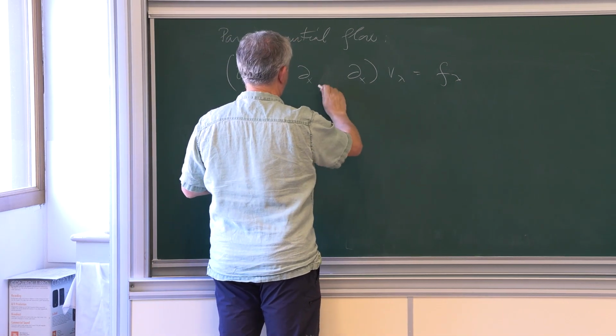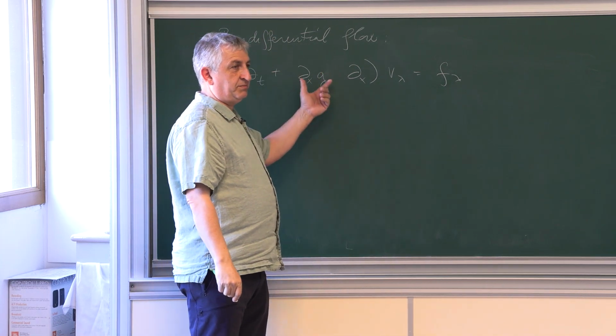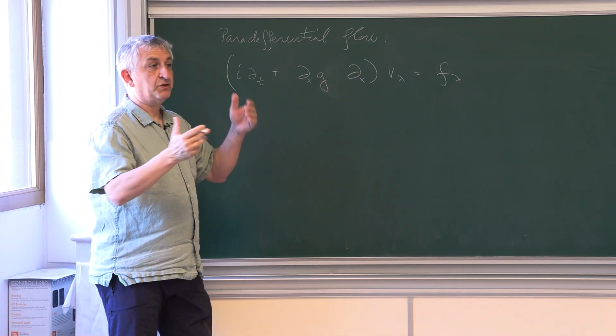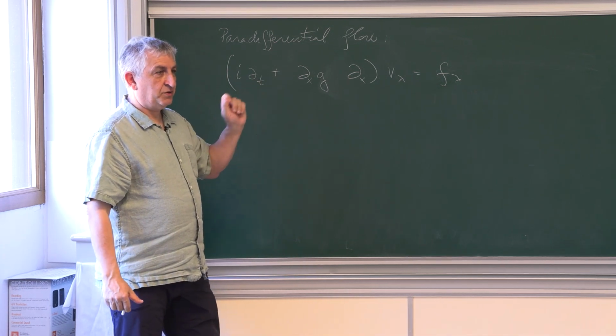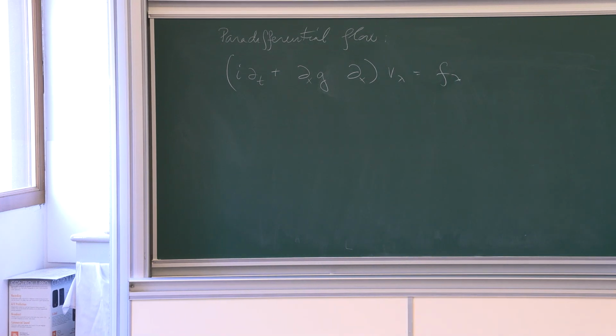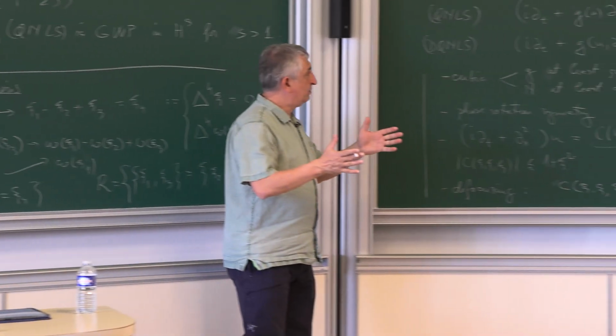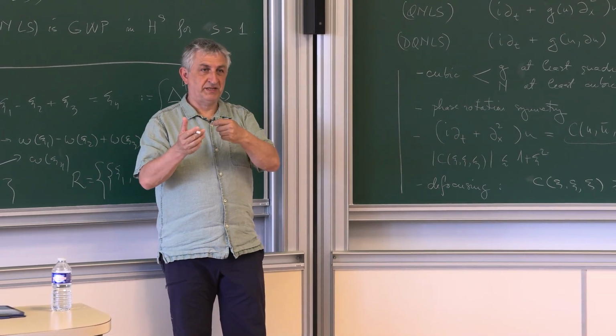And now what is the metric that we put in here? Well, Bony tells us that we just take the metric and we localize it to a frequency less than lambda. But unfortunately, that does not work for us. And here's why. That G is at least quadratic. And so in particular, G contains quadratic interactions which take two frequencies of size lambda, let's say, to a frequency less than lambda.